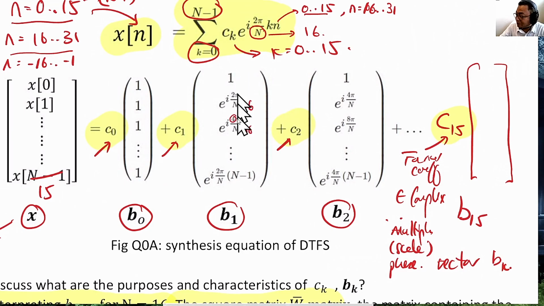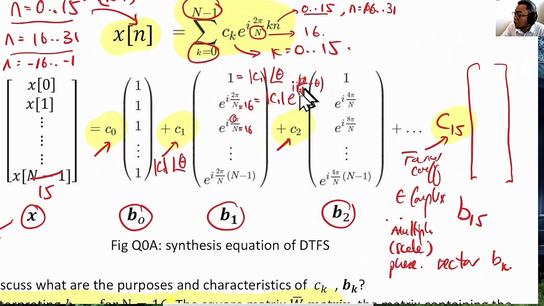So what we do is that we are introducing a gain for this vector. Now, if c1 has a magnitude and theta, then what will happen is that the first guy will become c1 e^(jθ). And here will be c1 e^(j(2π/16 + θ)).